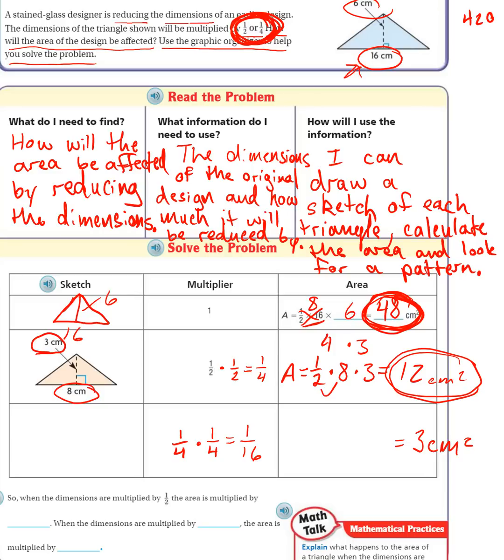Okay, so my new triangle, if it was 1/4 the size of the original triangle, the height would be 1/4 of 6, which would be 1.5 centimeters. And the base would be 1/4 of 16, which would be 4 centimeters. So we do the area formula.